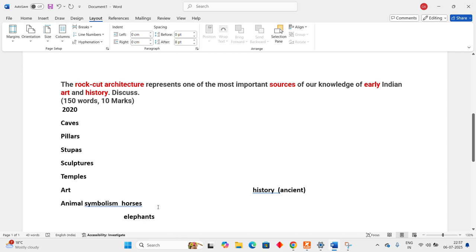Elephant: the most important example that you have is the Ashokan caves. Ashokan caves have a frieze. What does this equate to?